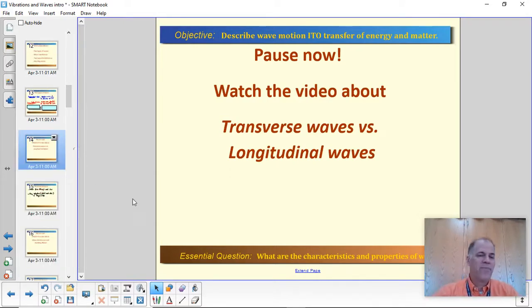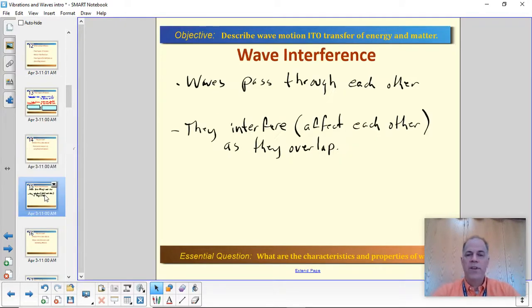Okay, welcome back. Now we're going to move on to the next one, which is the concept of wave interference. Okay, now what do we mean by wave interference? Before this unit, we talked about physical objects and the physics of moving objects like baseballs. Now, if two people are throwing baseballs or snowballs at each other, that's appropriate for the storm that's coming, each of those snowballs is carrying some energy along with it.